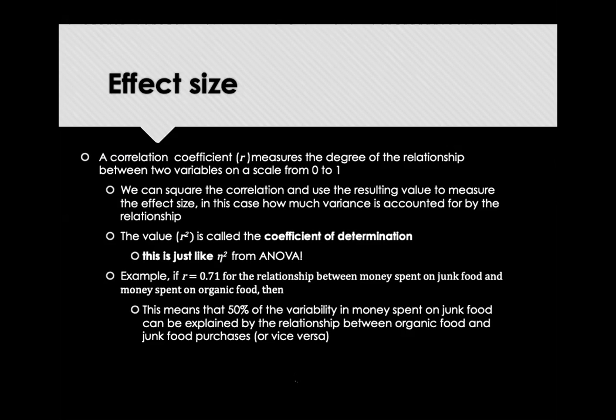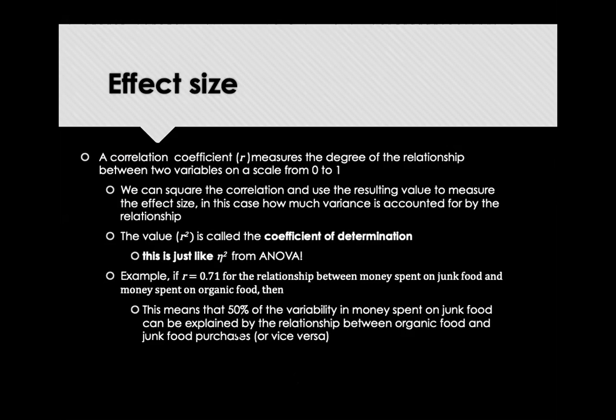And where is that 50% coming from? If you take 0.71 and you square it, you get 0.50. And that's where I'm getting 50%. So to compute R squared, you just square your R value.